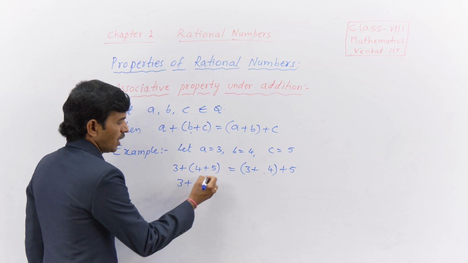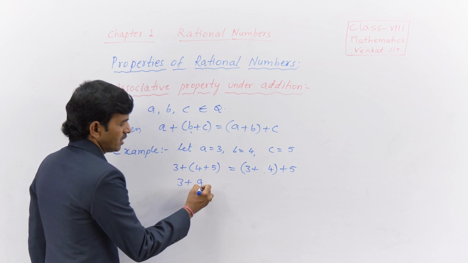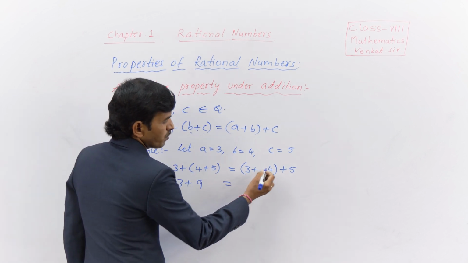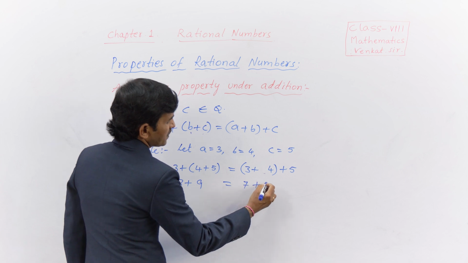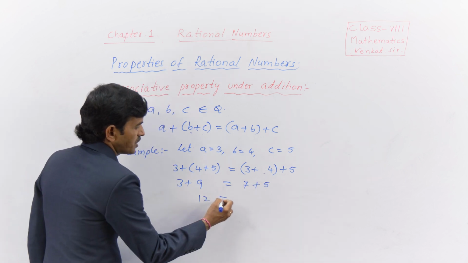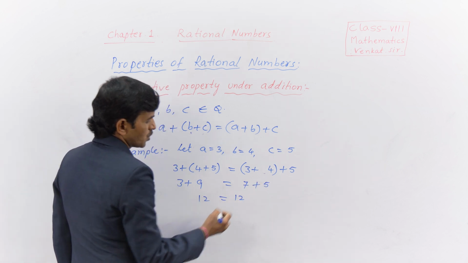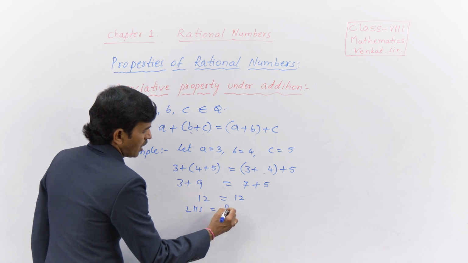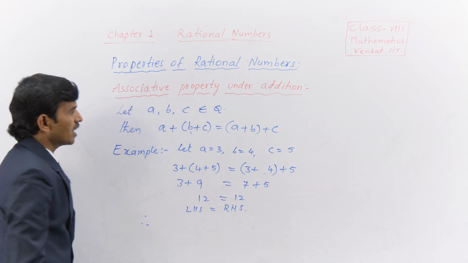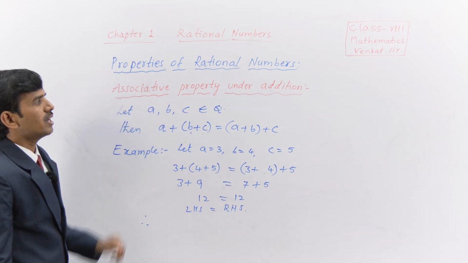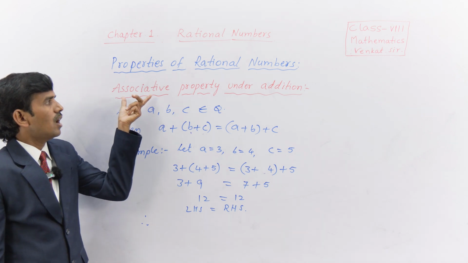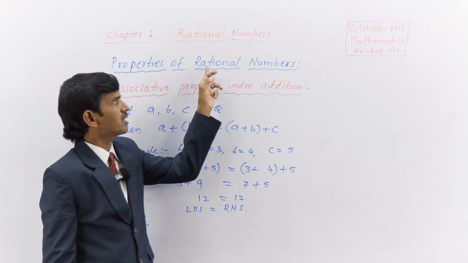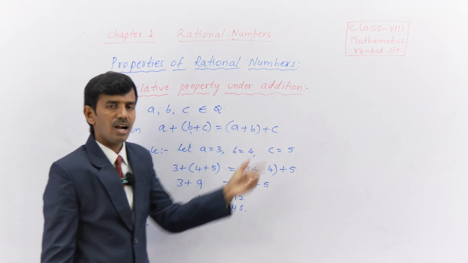First add the bracket value, 4 + 5 is 9, then add to 3, that is 12. And 3 + 4 is 7, plus 5, that is also 12. LHS is equal to RHS, therefore the set of rationals is associative under addition. We can conclude that the associative property holds good for the set of rational numbers under the operation addition.